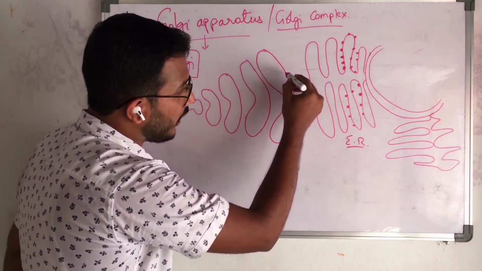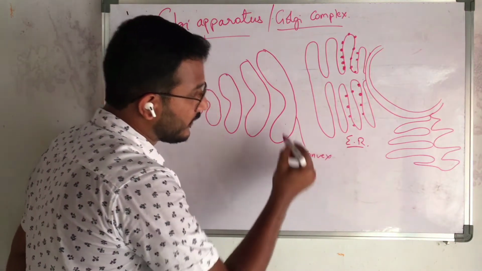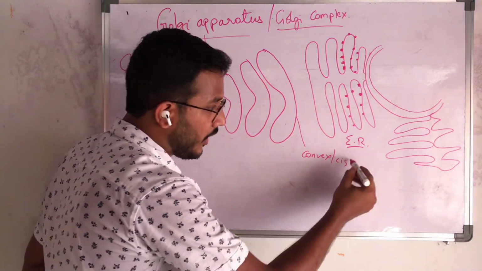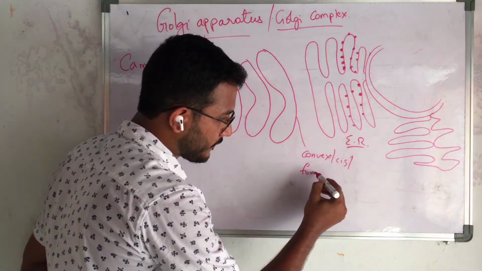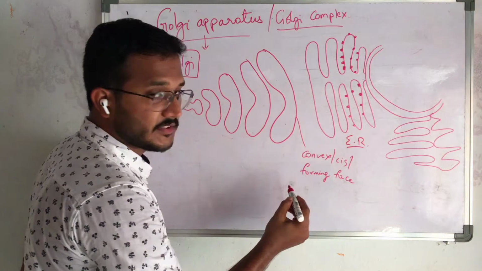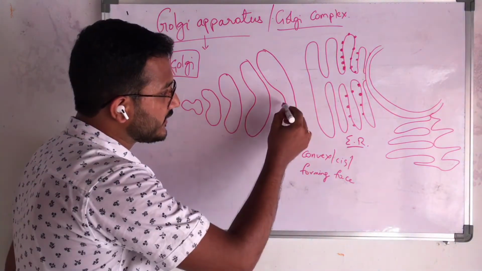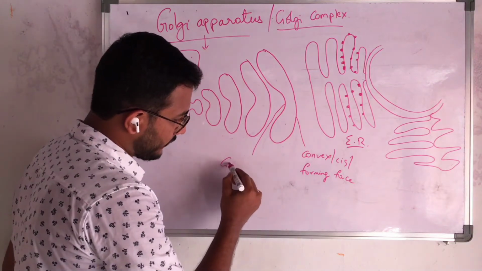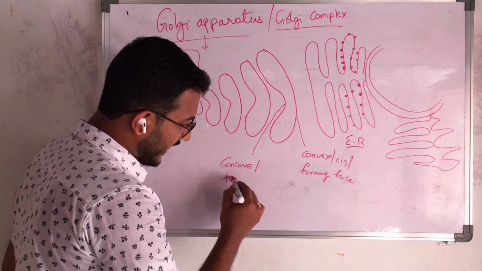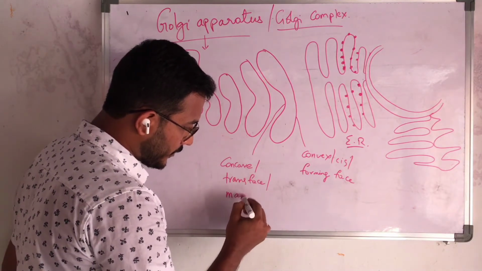The outer convex side is known as the cis face, or forming face. And the inner side is concave, known as the trans face, or maturing face.